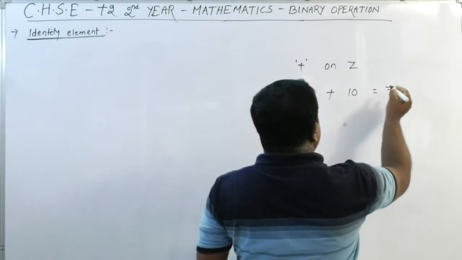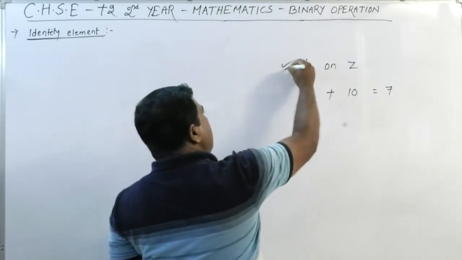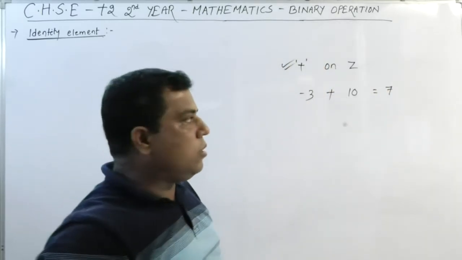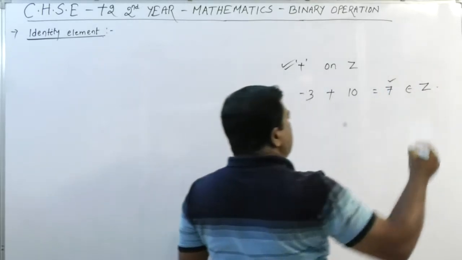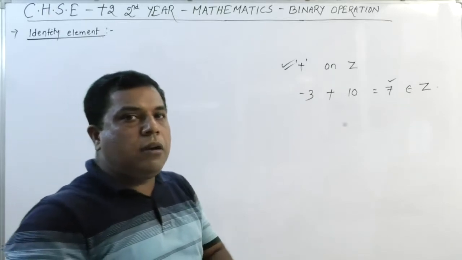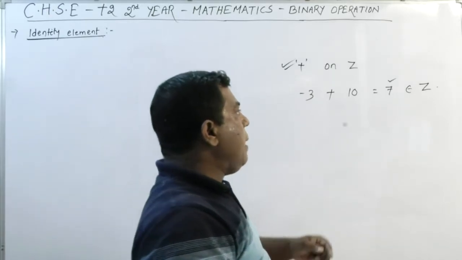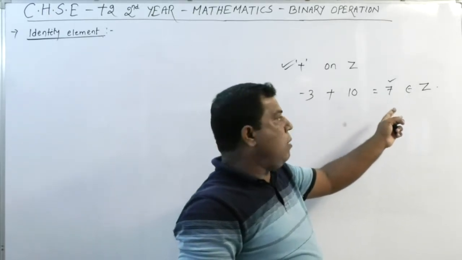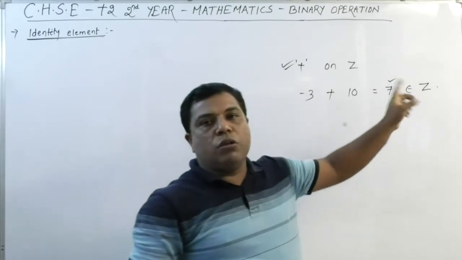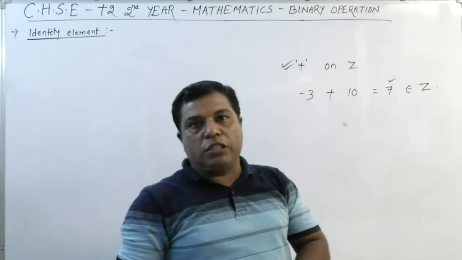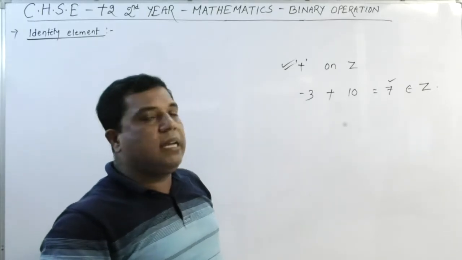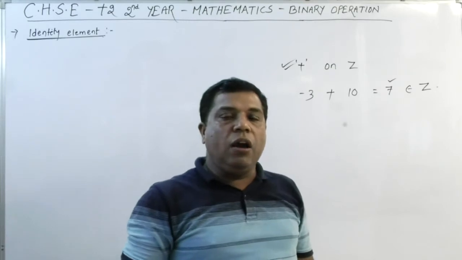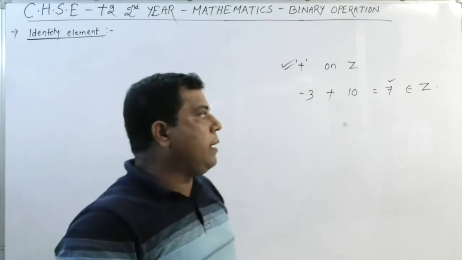You can see that this addition is a binary operation when the result belongs to the same set. After the processing is over, the output belongs to the set of integers. As it belongs to the set of integers, yes, it is a binary operation, as it satisfies the closure law.